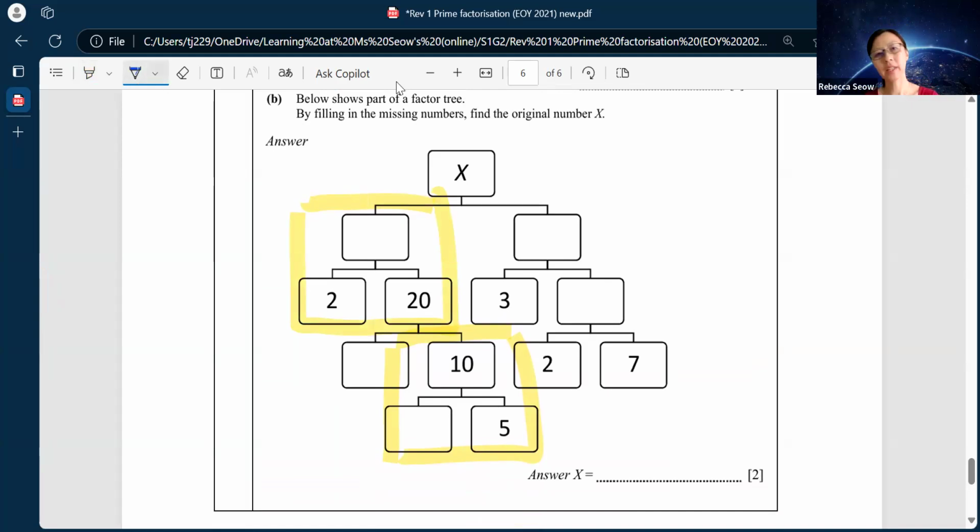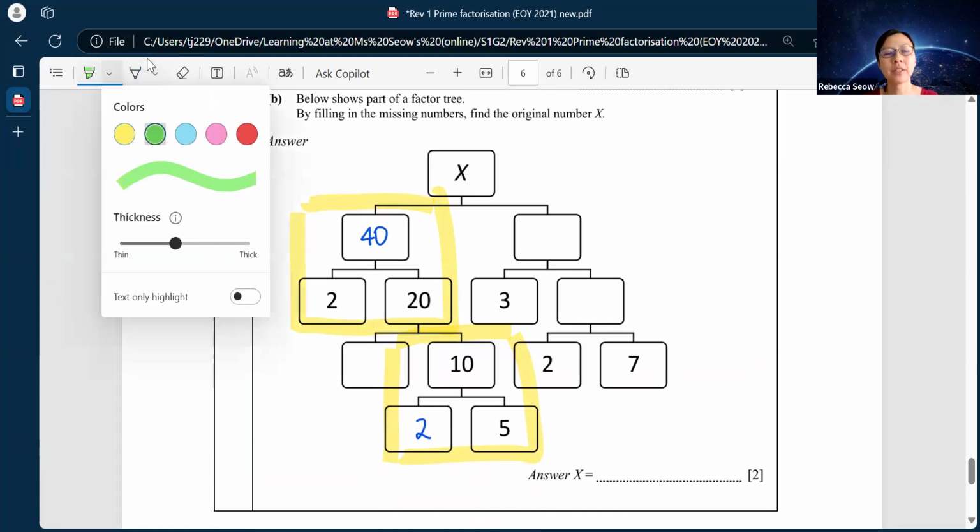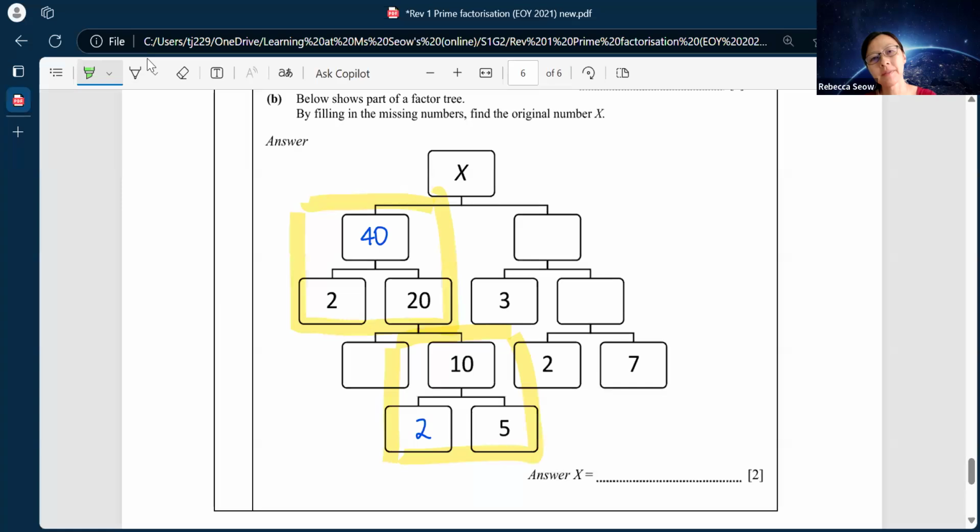Okay. So 10 is a certain number multiplied by 5. We know that it's 2 times 5, that gives you 10. Here we have a certain number being 2 multiplied by 20, which gives us 40. Now, what other parts of the factor tree do we consider? How about here? And here now.